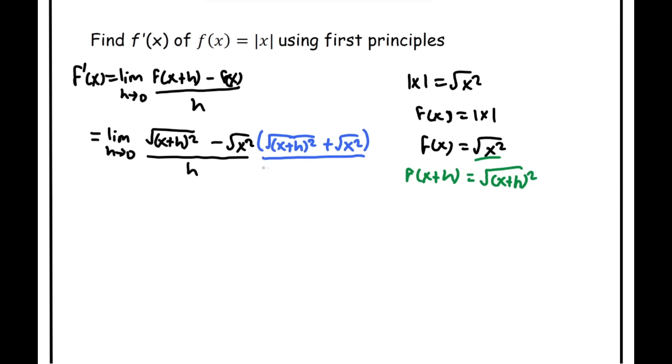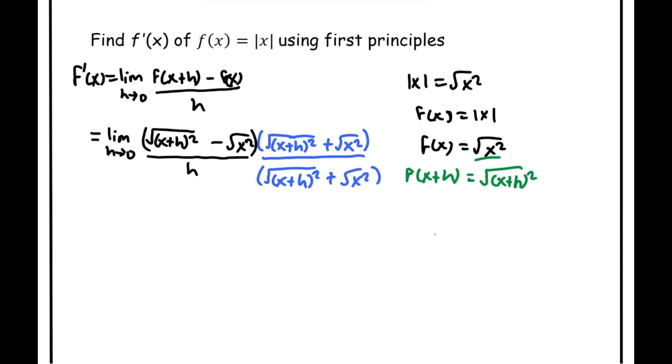The denominator also becomes the square root of x plus h squared plus the square root of x squared. After doing this, we can now expand the top. We multiply this term by this term, by this last one, by this one, by this one. Now that's one way of doing it.